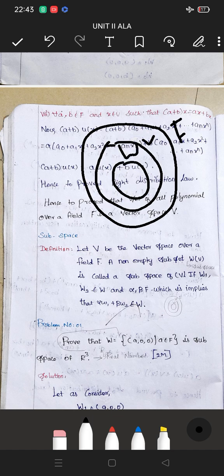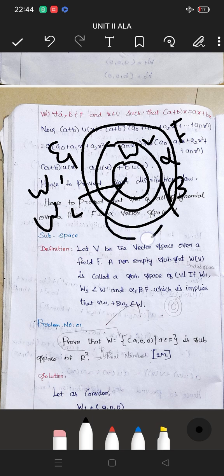The subspace has the elements W1 and W2, and alpha and beta are two scalars in F, which implies that alpha W1 plus beta W2 also belongs to the same subspace, and this is called a subspace.